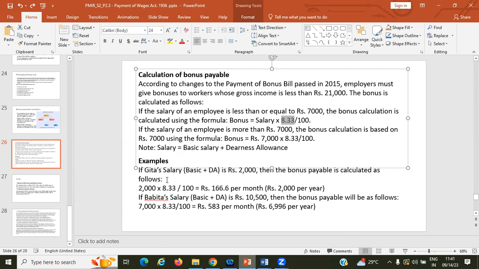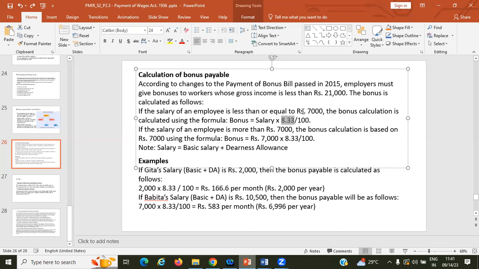That is the bonus. Suppose you see some examples. If someone's salary is 2,000, then 2,000 into 8.33. If someone's salary is 10,500, then 7,000 into 8.33. This is the figure coming for 1 month and 1 year. So this is the formula.